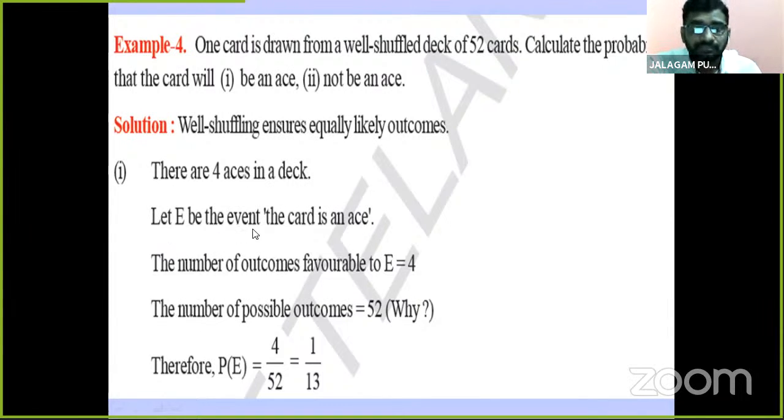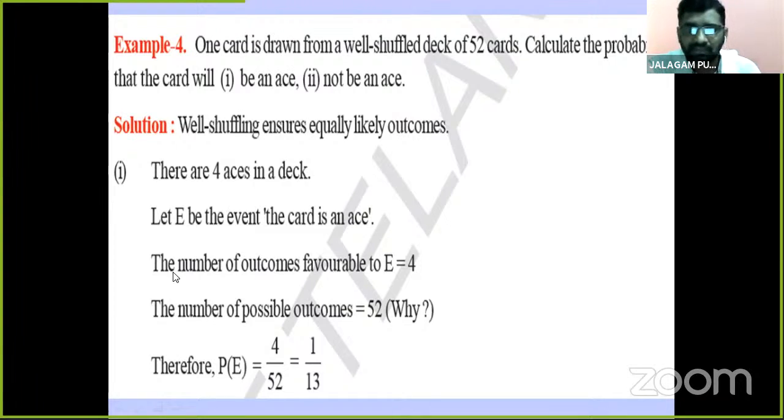So let E be the event, the card is an ace. We pick up one of the cards, it will be an ace. What is the probability of getting an ace?